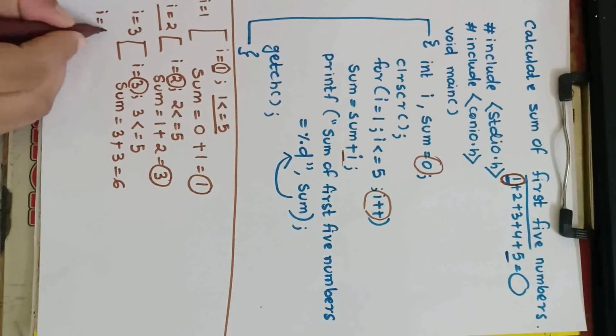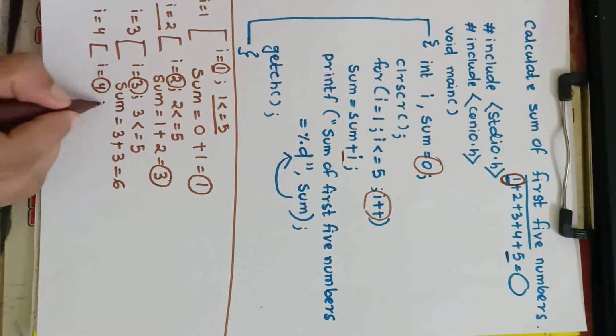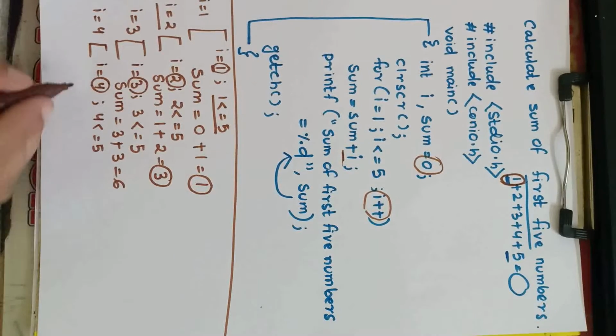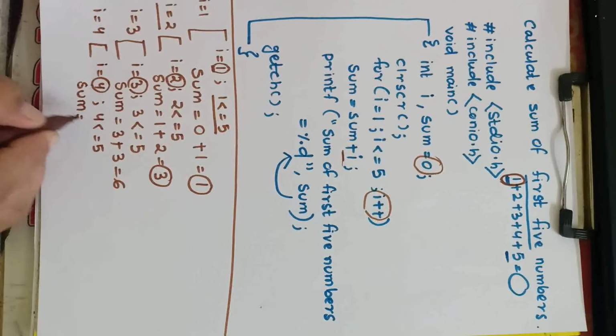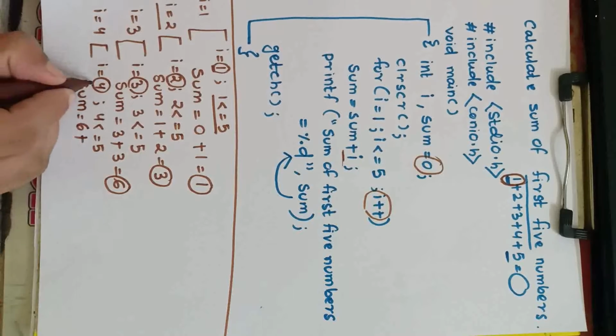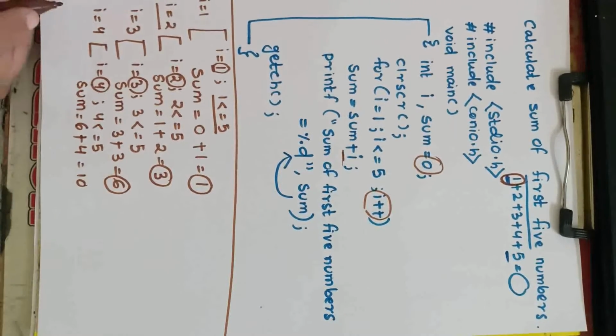Next I check i equals to 4. So for i equals to 4, then 4 less than equals to 5. Yes, condition is satisfied. So sum equals to sum plus i. What is the value of sum now? 6. 6 plus what is the value of i now? 4 equals to 10. So next I check the condition i equals to 5.